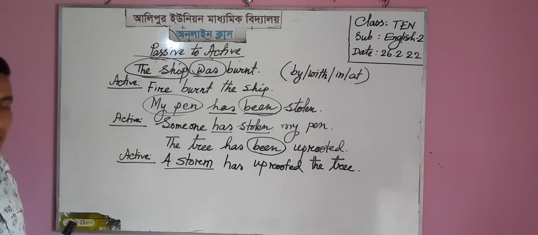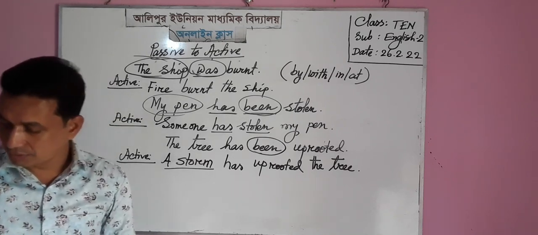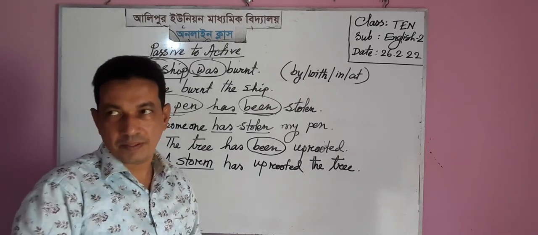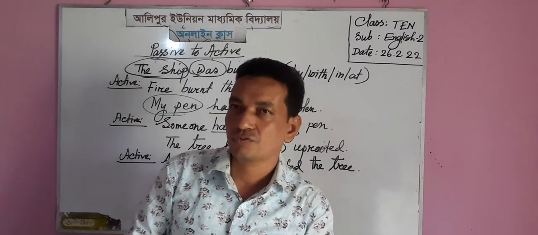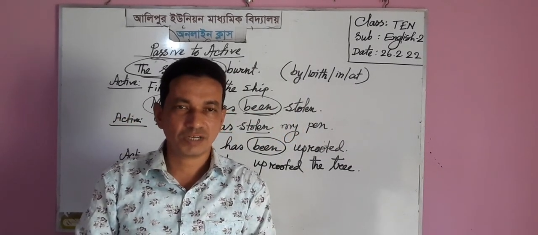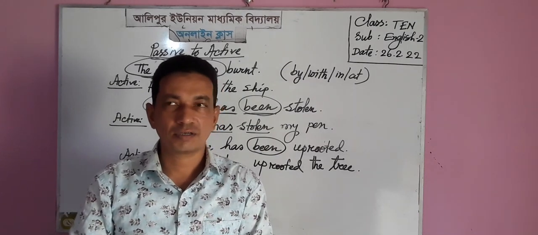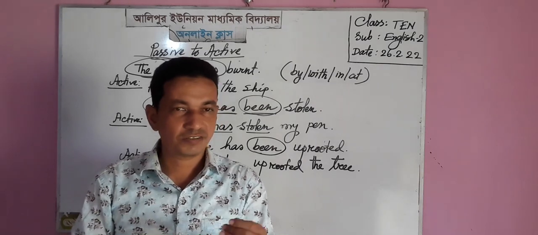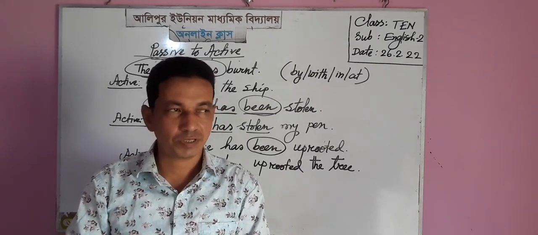Now, dear learner, I will show you some complex sentences. And we know that sometimes in the question paper we see a wide range of complex sentences. In a complex sentence there are two clauses as usual: one is the principal clause and the other is the subordinate clause.